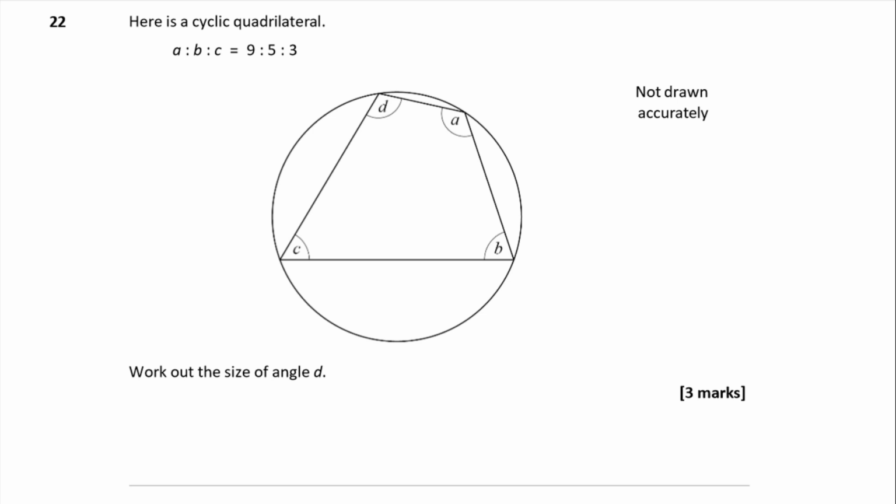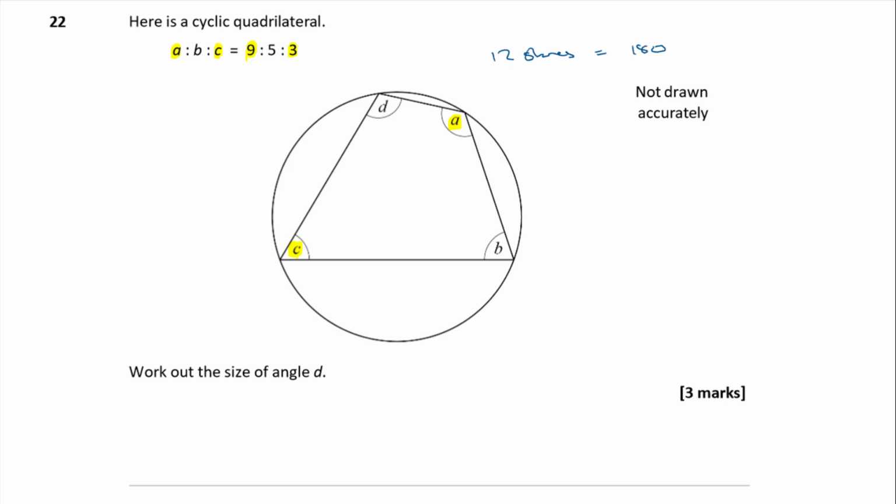So A is opposite C, so that part and that part, those shares must be worth 180 between them. Okay, so I've got 9 shares and 3 shares, that adds up to 12 shares. So 12 shares is equivalent to 180 degrees, isn't it?